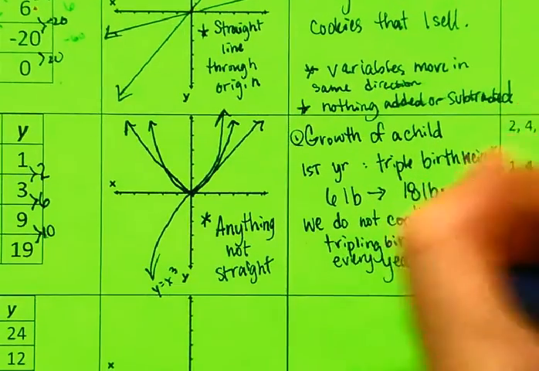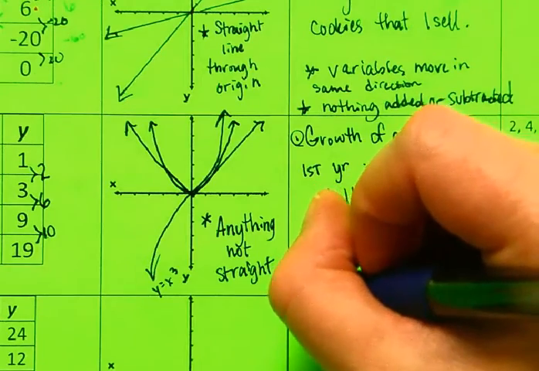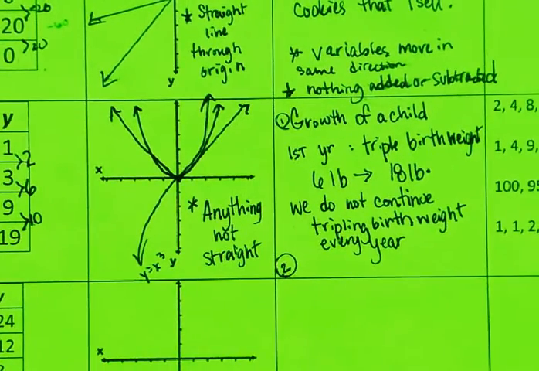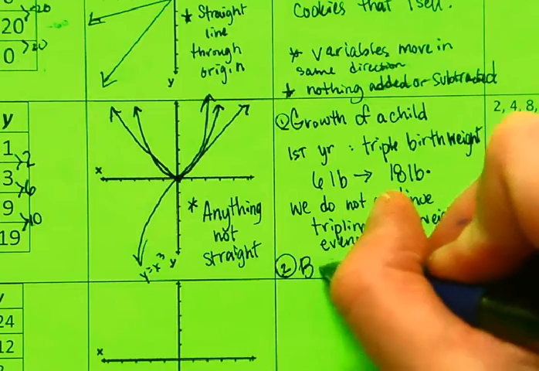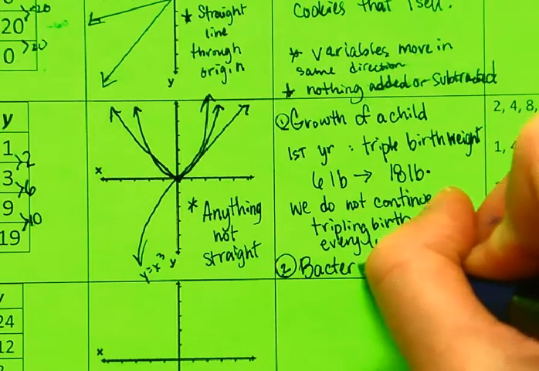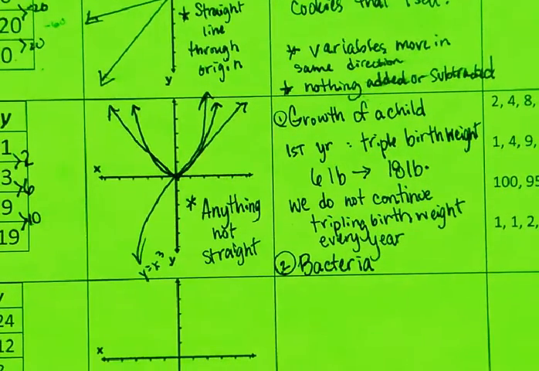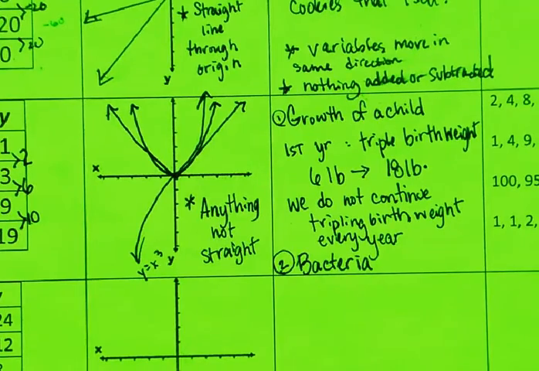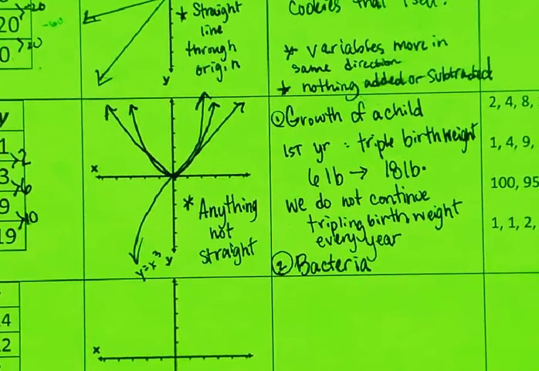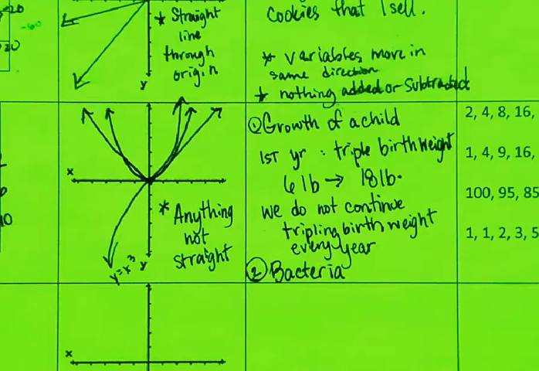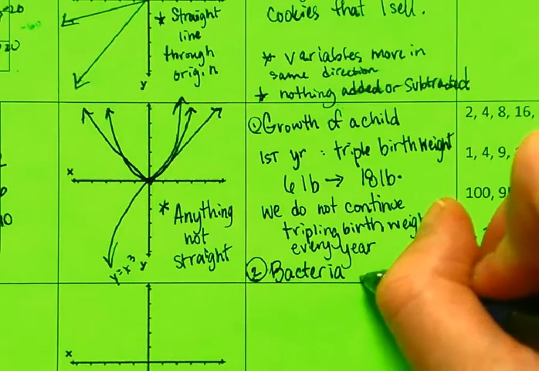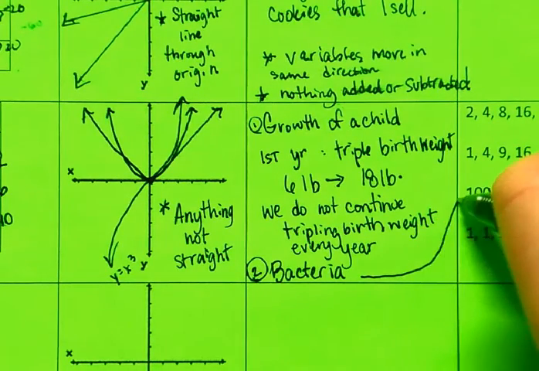Now, bacteria, if you've ever seen bacteria grow, that is not linear either. That's exponential. You may start off with 1 or 2 bacterial cells, and then they grow exponentially. So their growth would look something like that.